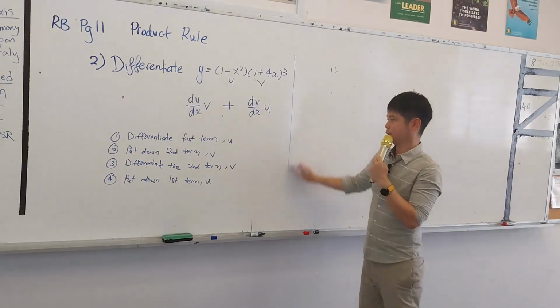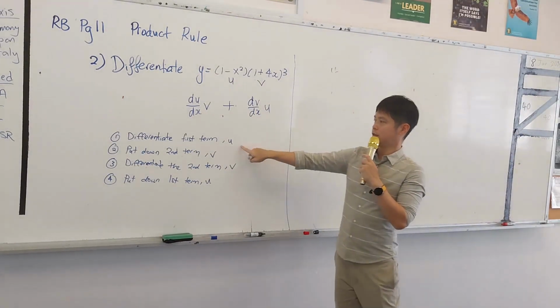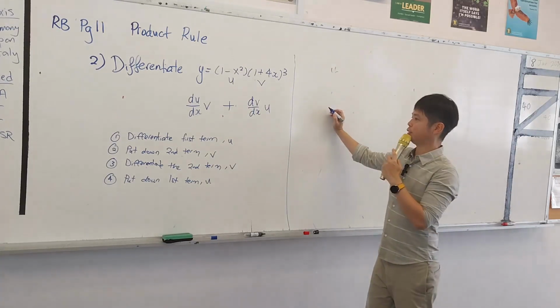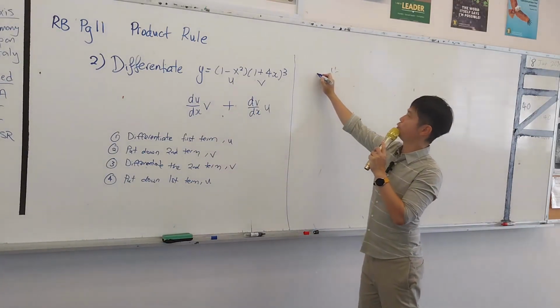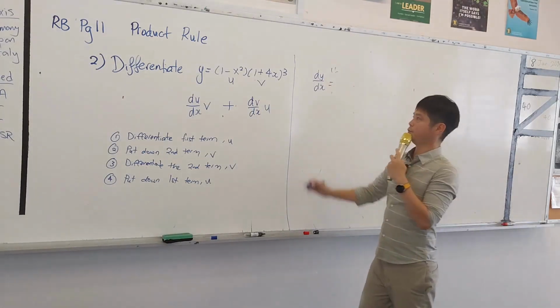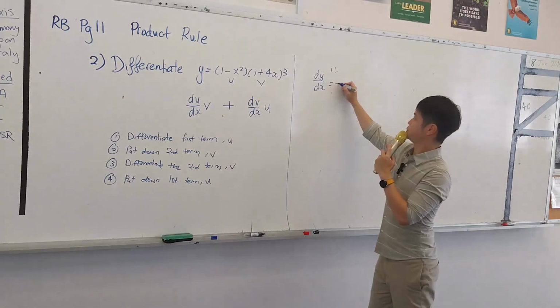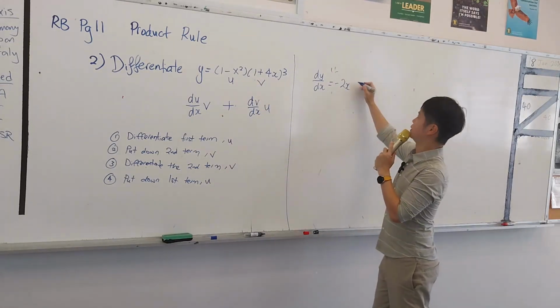So let's do it. We can split it into four parts. The first part is to differentiate the first term. The first term is this. When we differentiate the first term, we will have negative 2x. And then we put down the second term.